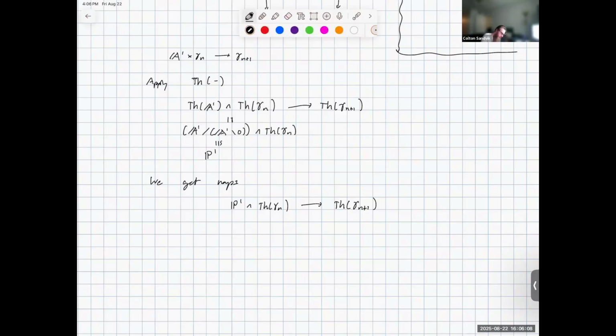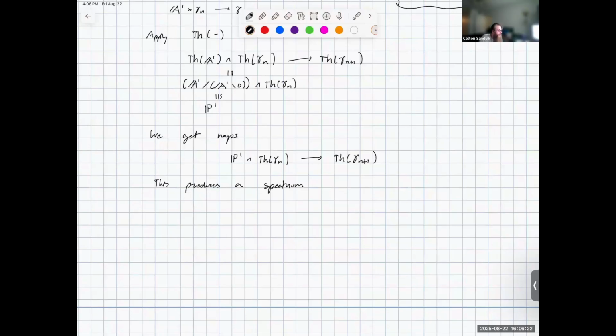And so this produces a spectrum that we're going to denote by MU, and its terms are these: Th of Gamma 0, Th of Gamma 1, Th of Gamma 2, and so on.